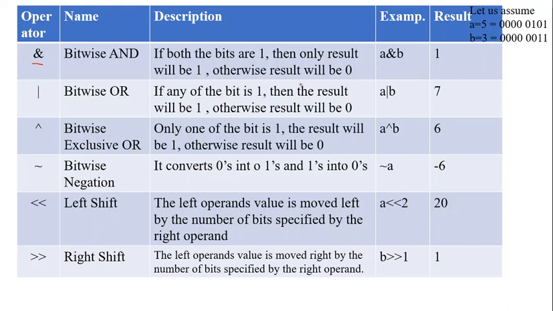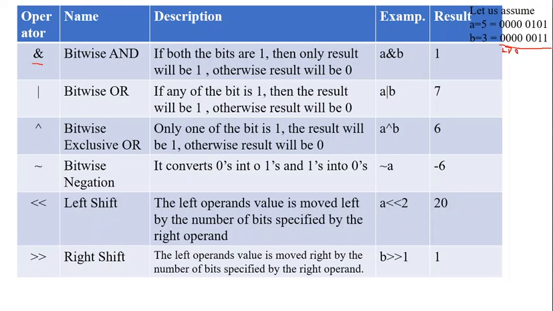Now consider what bitwise AND is. If both the corresponding bits are 1, then only the result will be 1. Otherwise the result will be 0. Now I am performing the bitwise AND operation. You see here 0 0 means the resultant position will also be 0. Here 0 0, 4 zeros I am getting.